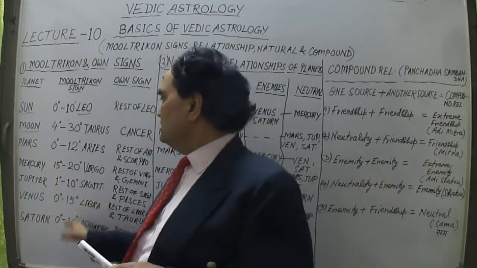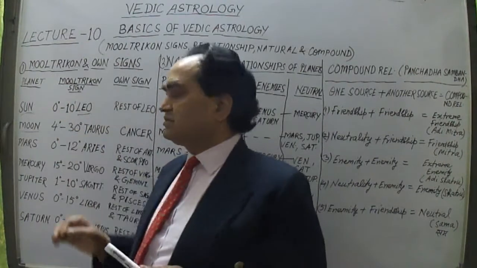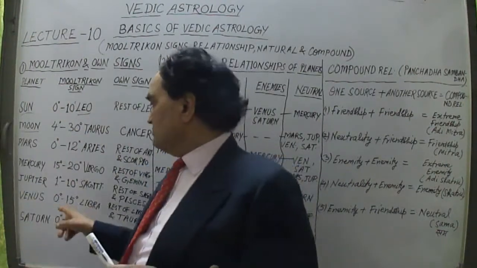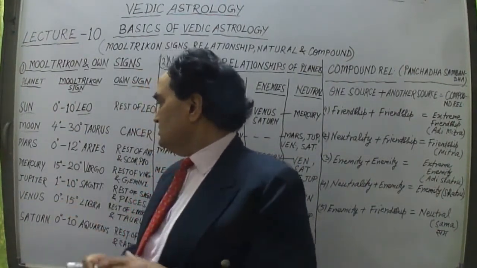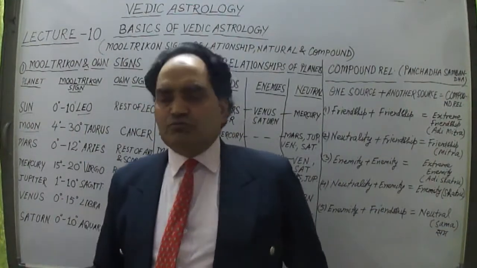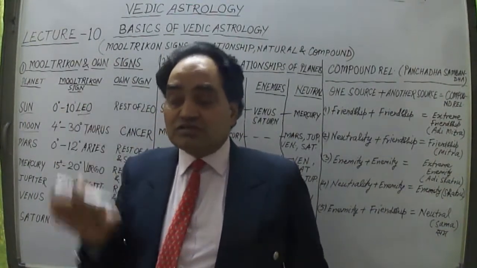Mostly 0 to 10 degree for Sun and Saturn, and Jupiter is 1 degree to 10 degree. So mostly these three are up to 10 degree. Just note down, understand them.